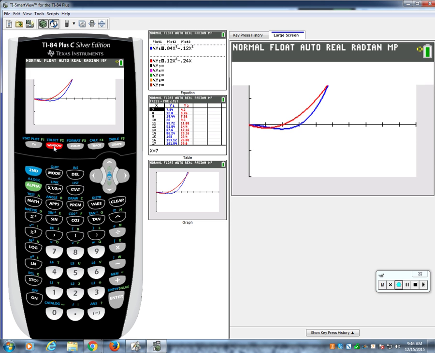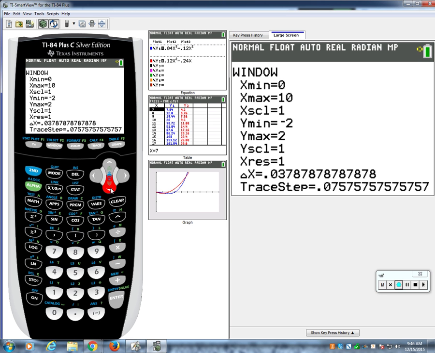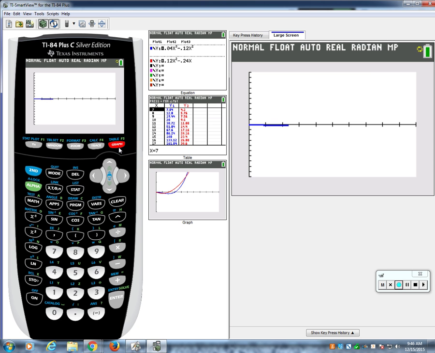When I first looked at the graph, my window was this. That's just my window, or my scale. It looked like this, and I couldn't see what was happening there. So I just wanted to cut out all of this noise and make this the expanded view.